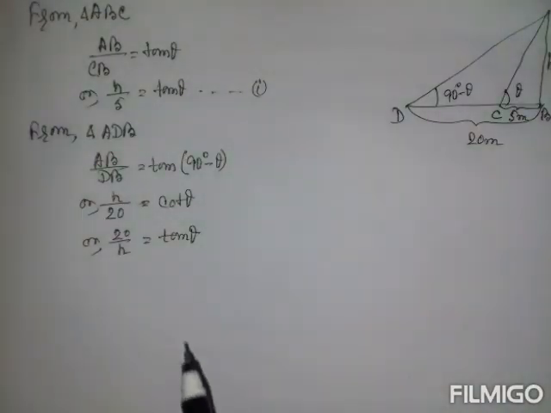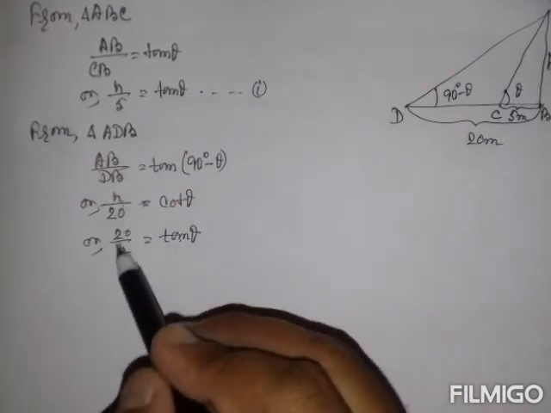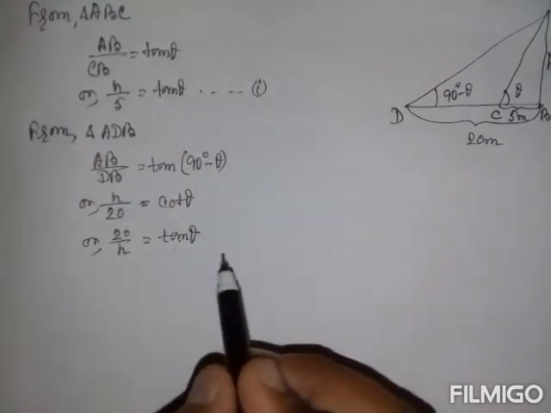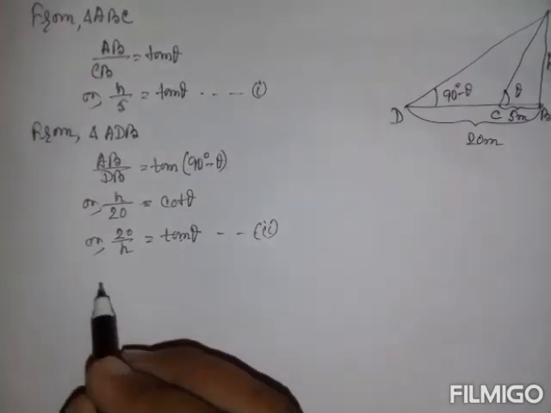Cot theta is equal to 1 by tan theta, so we can write that cot theta is equal to 1 by tan theta, and here 20 by H. Okay, now this is the equation number 2.